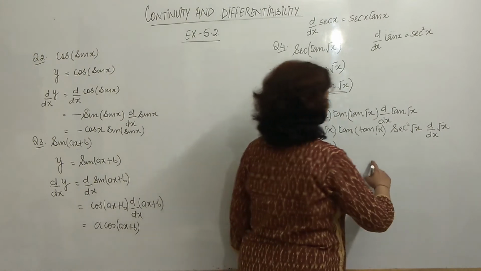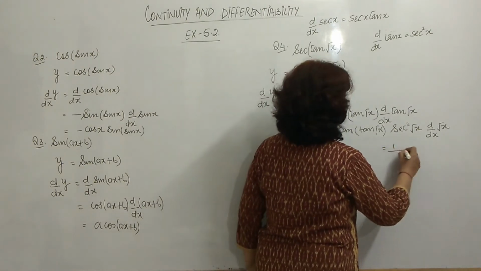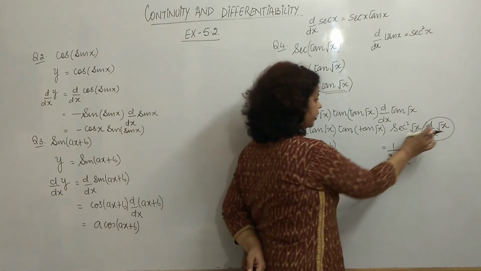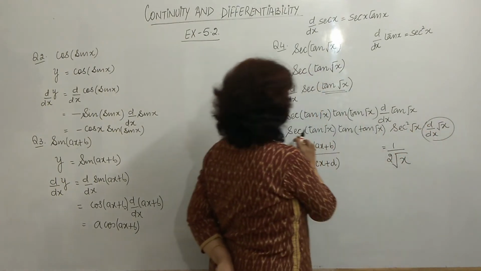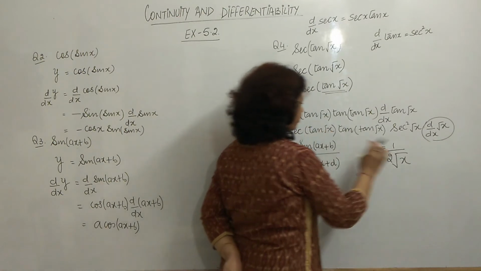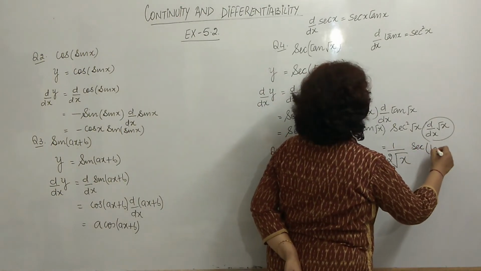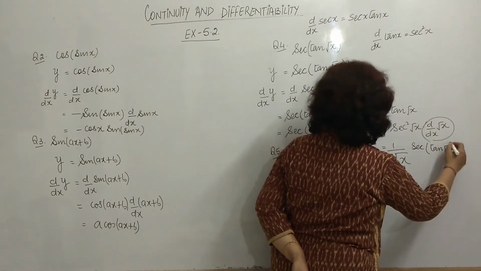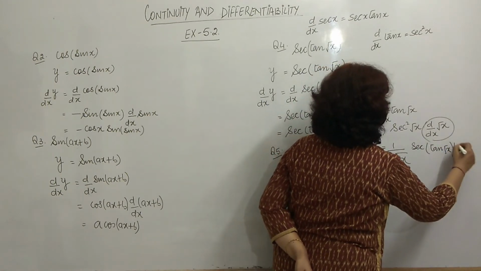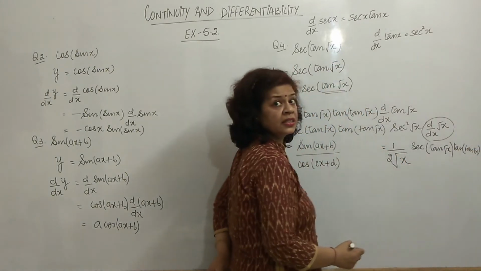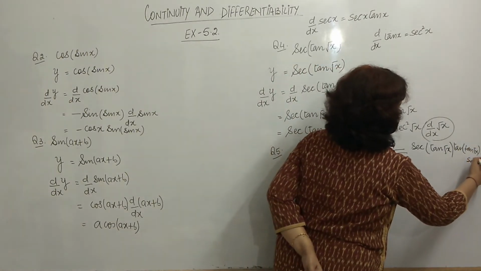So your answer is 1 upon 2 root x. I am writing the derivative of root x at the start of this series, right? 1 by 2 root x sec tan root x tan root x and then sec square root x.